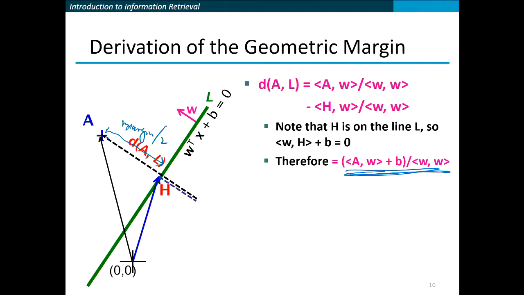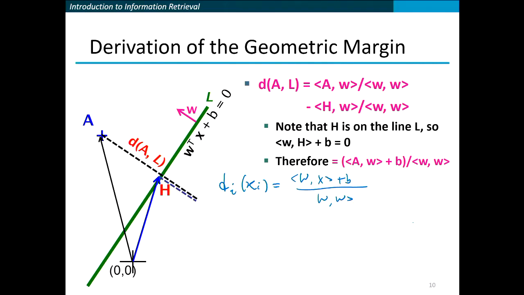So if you look at the geometric margins, the margin, maybe I shouldn't call it the margin, call it the distance. So the distance for xi is essentially the inner product of w and x plus b, over the norm of w. I just write everything in inner product format.